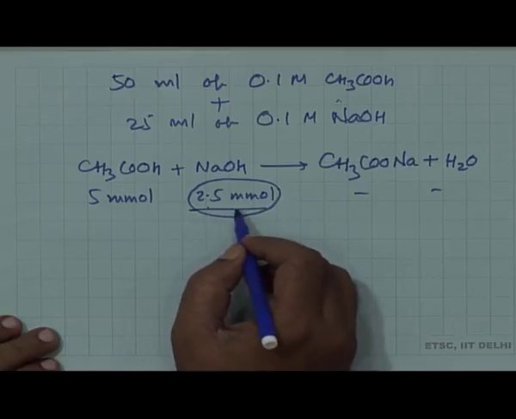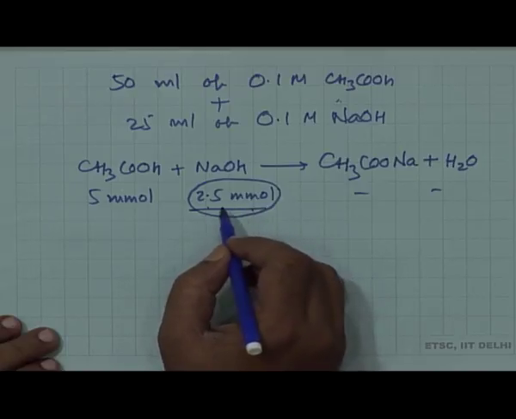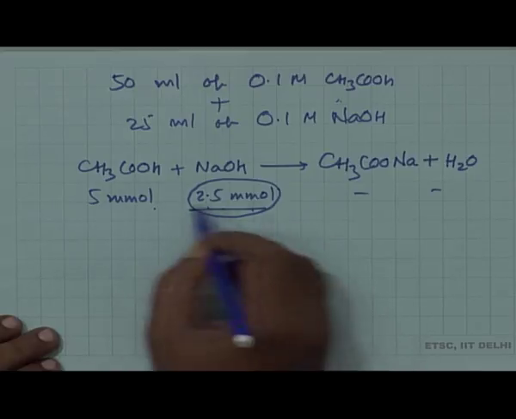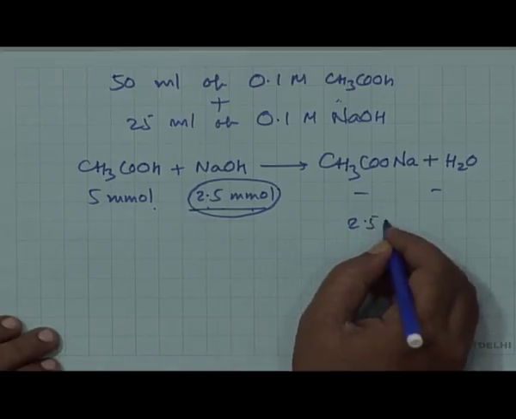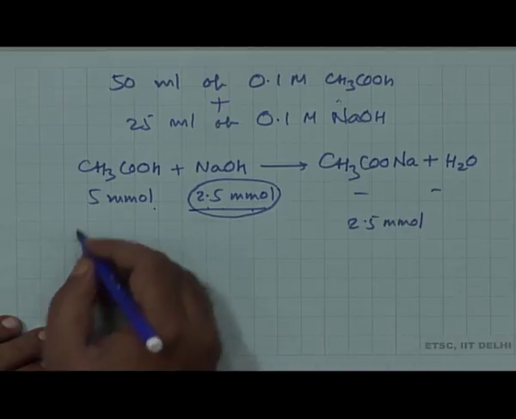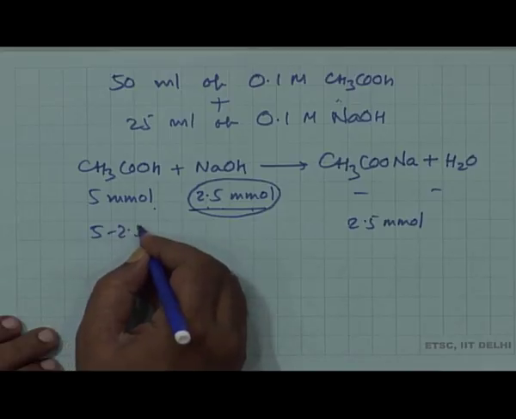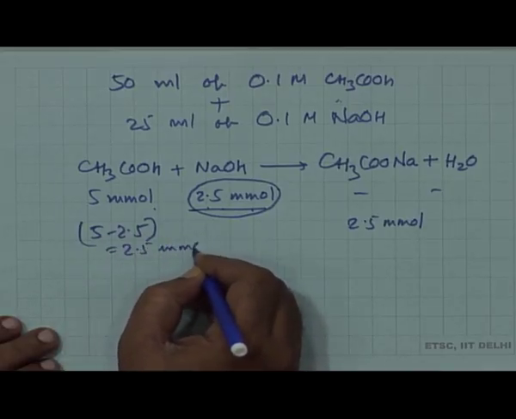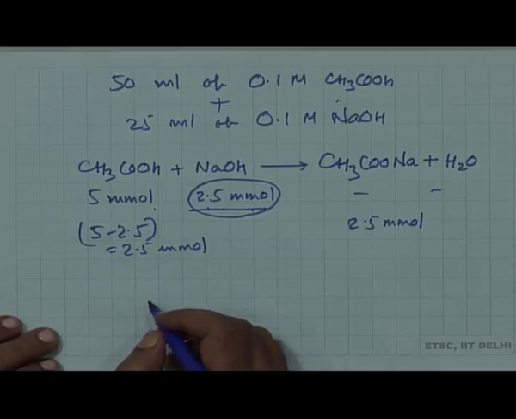So the 2.5 millimole of NaOH will react with 2.5 millimole of acetic acid to give you 2.5 millimole of sodium acetate. And what is left is 5 minus 2.5, which is 2.5 millimole of acetic acid.